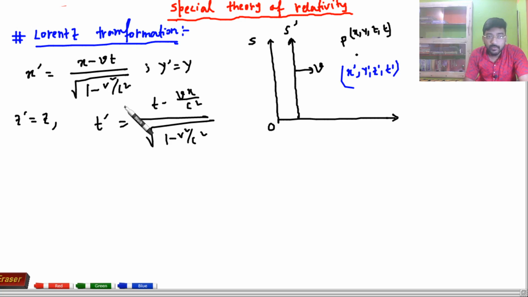And you can find the inverse transformation relation by putting minus v instead of v, and we will get x in terms of x dash.